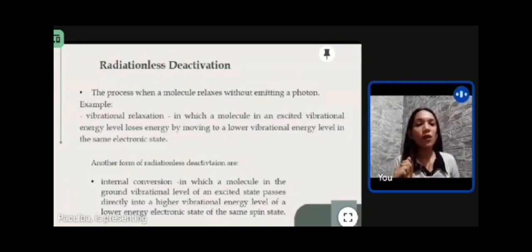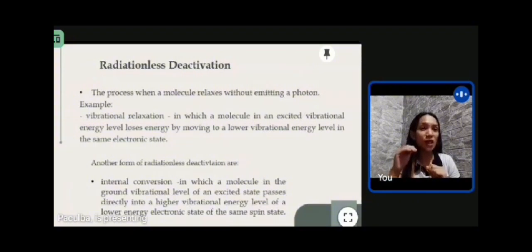Another form of radiationless deactivation is first, the internal conversion, in which a molecule in the ground vibrational level of an excited state passes directly into a higher vibrational energy level of a lower energy electronic state of the same spin state. For example, think of stairs.